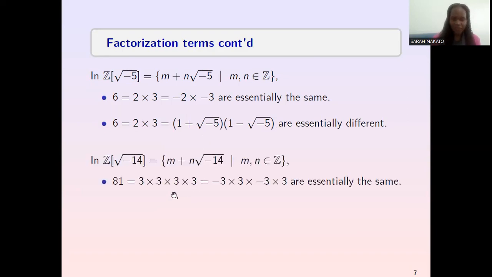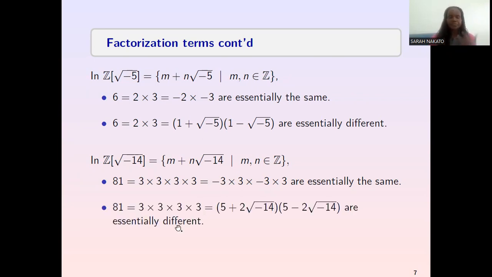And we can have more, that in this particular ring, we have 81 giving us 4 copies of 3, but another person can say, yes, it's also negative 3 times 3 times negative 3 times 3. Another person can say, if all of them are negative, still we get 81. For us, they are essentially the same because 3 and negative 3 are associates.